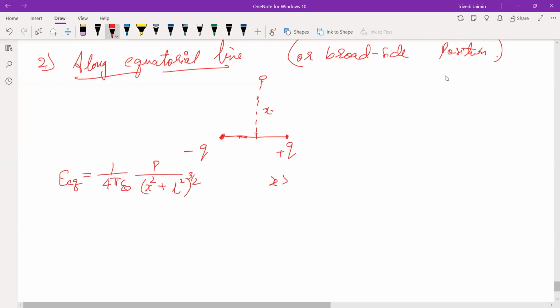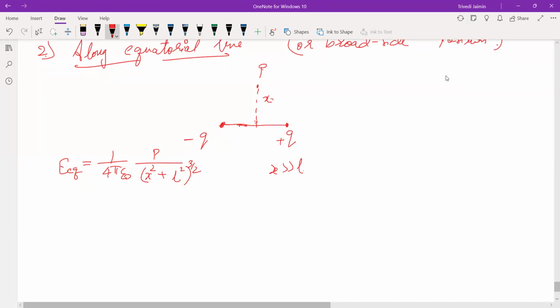Again, x is very much bigger than L. E equals 2 times E_Q when P and E are parallel.